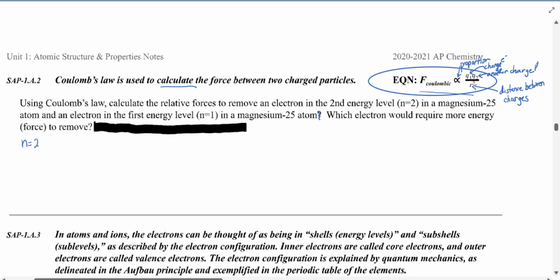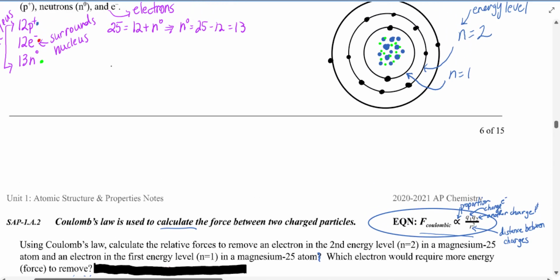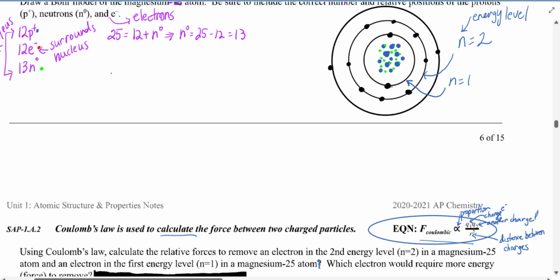So energy level 2, the force is going to be proportional to, our Q1 is going to be 1 electron, since we're removing 1 electron, and we're removing it from the thing that keeps it attached to the atom. And the only thing that keeps this electron in energy level 2 staying in this atom is the protons, okay?